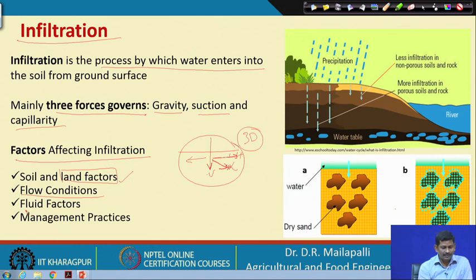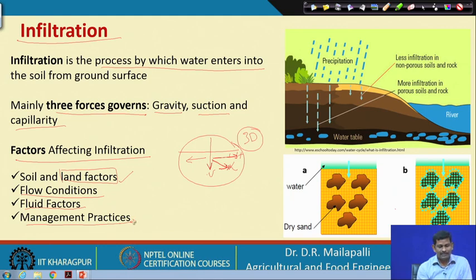And fluid factors: viscosity comes into the picture. Temperature definitely influences the viscosity, so consider water flow in a cold climate versus a hot climate. When the viscosity is low, infiltration will be faster.